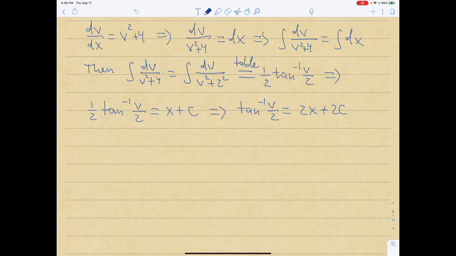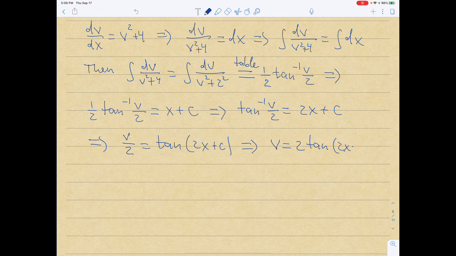Now notice a trick that I'm going to use. C is a generic constant, so 2c is a generic constant. So the generic constant simply can absorb 2, and we can keep writing just c. Okay, so then if arctangent of something is equal to something else, then the something, in this case v over 2, is tangent of the right-hand side, 2x plus c. And then solving for v will be 2 tangent of 2x plus c.